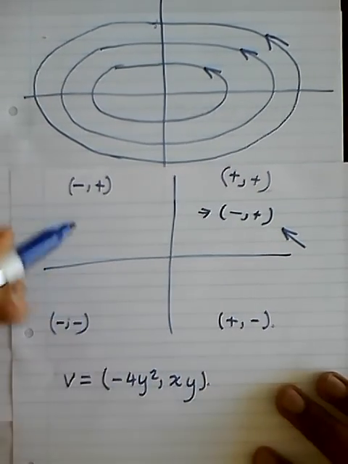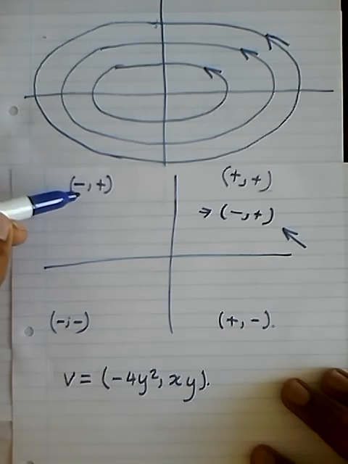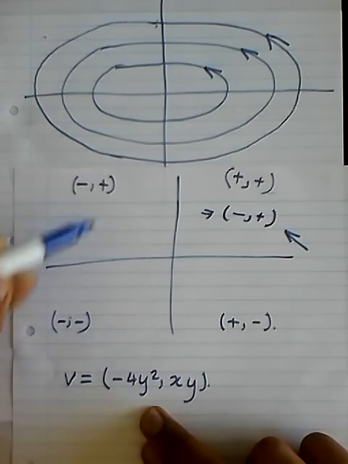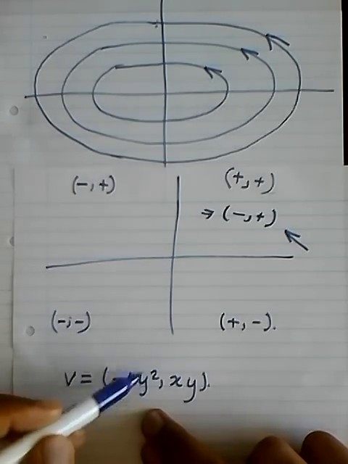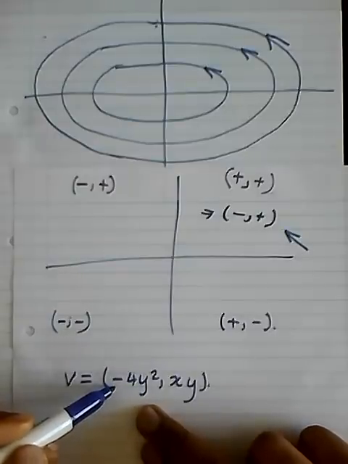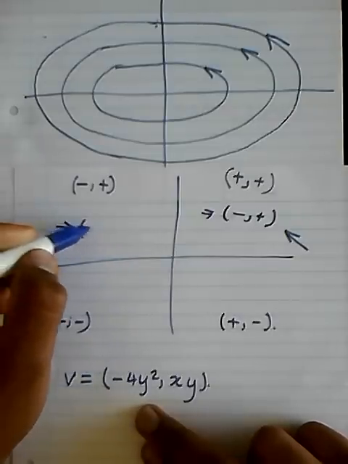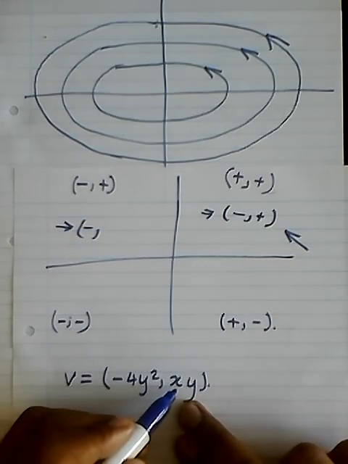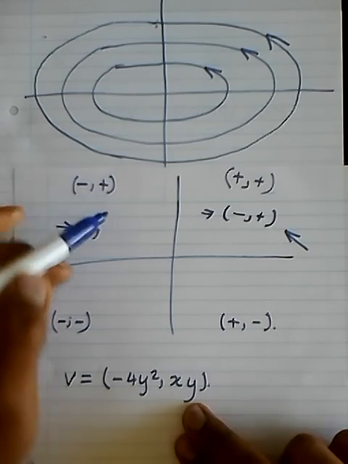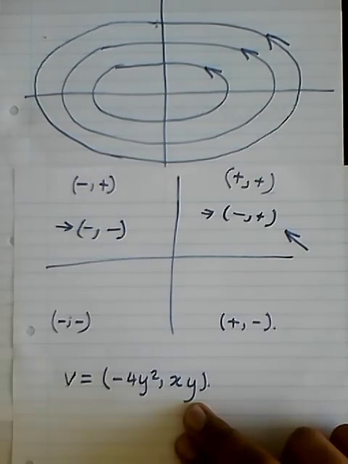Now going to the second quadrant, we know that x is negative, we don't have x here, y is positive. If we put y positive here, note that we always have a negative in this part, so that means we're going to have a negative here, and then in this case x is negative and y is positive, so we're going to have a negative also here.